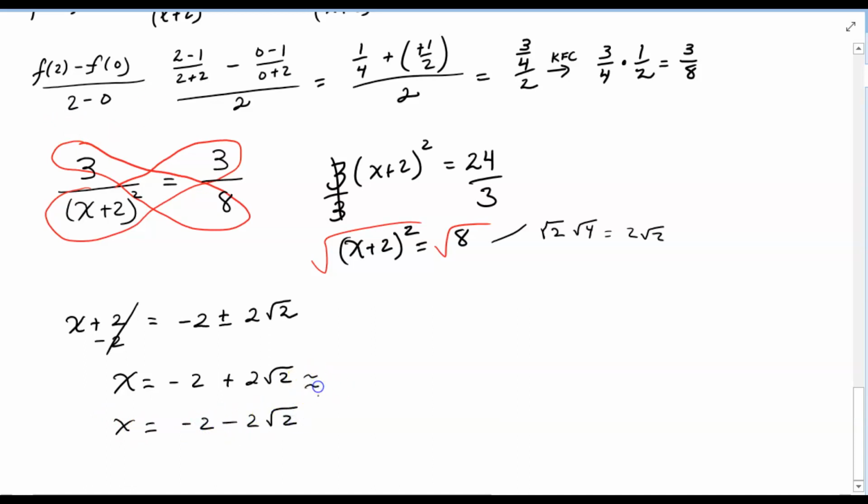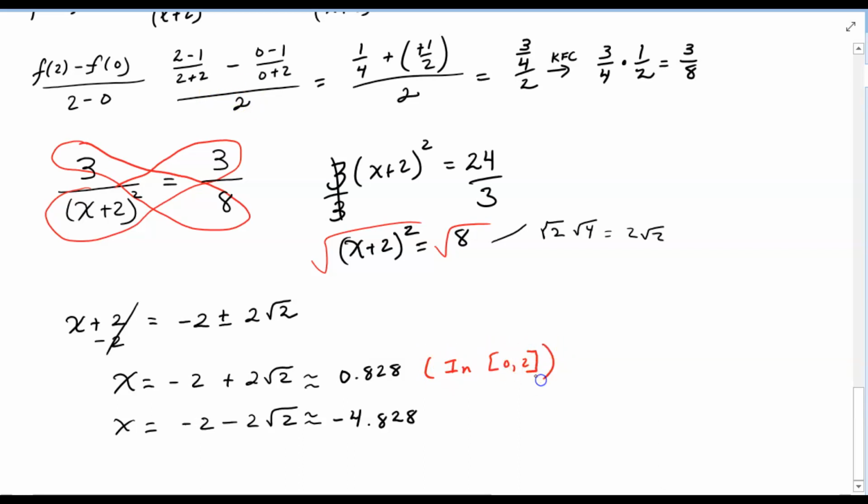Roughly evaluated on a calculator, you're going to get something like 0.828, and on this one, something like negative 4.828, I believe. Clearly we know our interval was from 0 to 2, so this one right here is in the interval from 0 to 2.